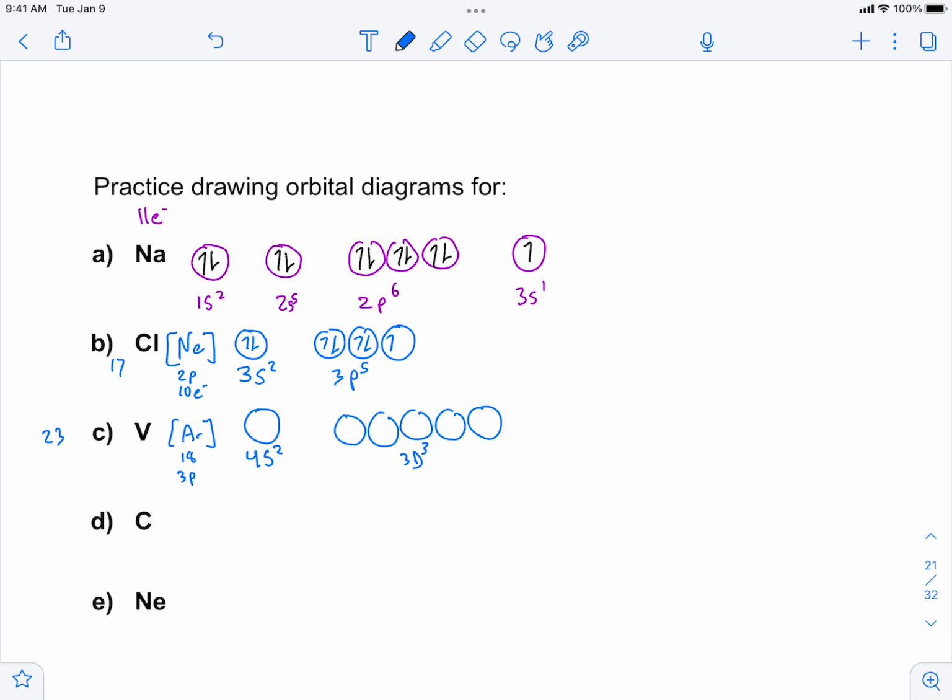Actually, let's fill up the 4s first. So here, let's fill up the 4s. That's 20. And then here's our d's. 1, 2, 3. And we're done. We don't have enough electrons to fill up that sublevel, but that's okay. Right? Most elements do not have enough electrons to fill up their sublevels. At least not the last sublevel.